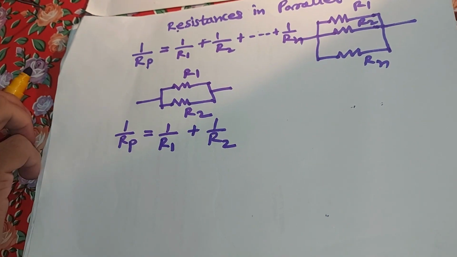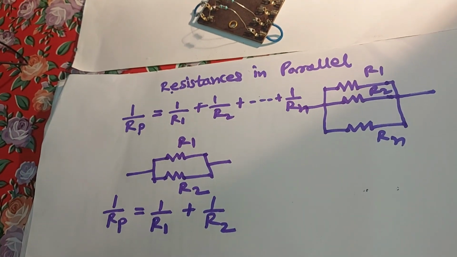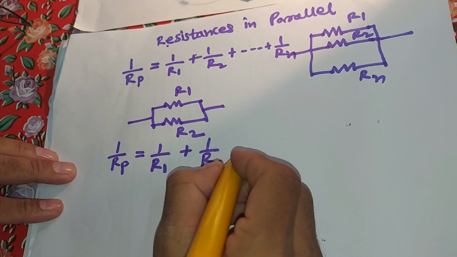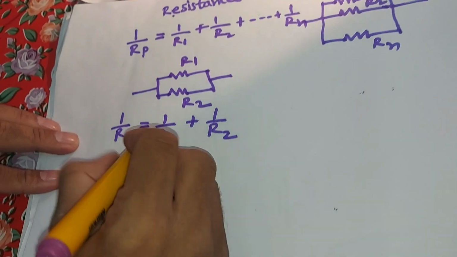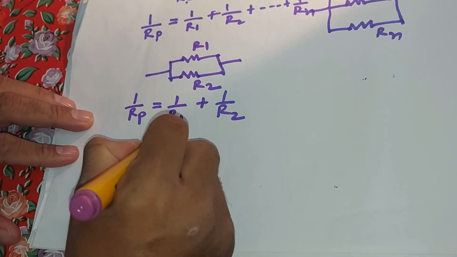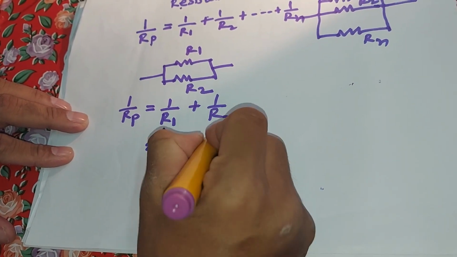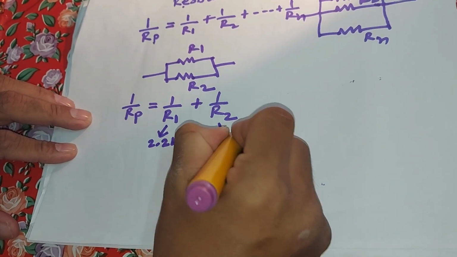Now I have these two 2.2 kilo ohm resistors in parallel. So the value of this resistance is 2.2 kilo ohm and the value of this resistance is again 2.2 kilo ohm.